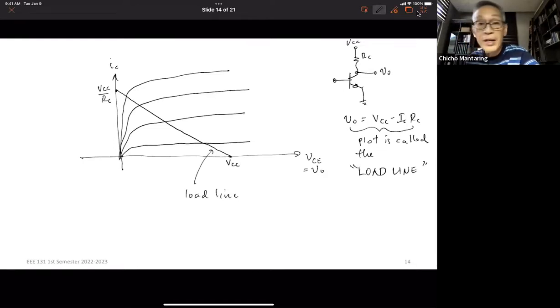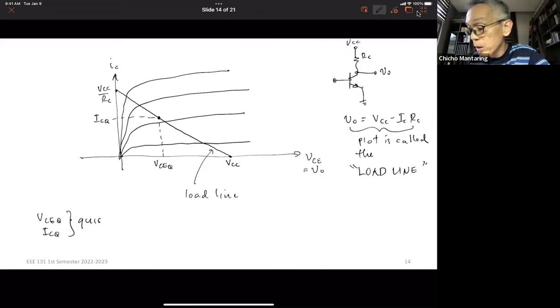And my quiescent point, let's say, might be somewhere here. No? So this is now going to be VCEQ. And this is going to be my ICQ. No? So my VCEQ, my ICQ, you call this your quiescent point, or sometimes called the core operating point.